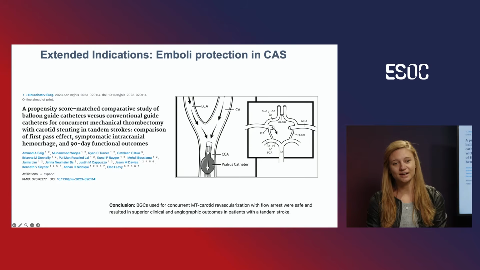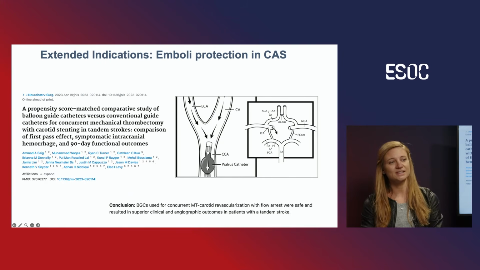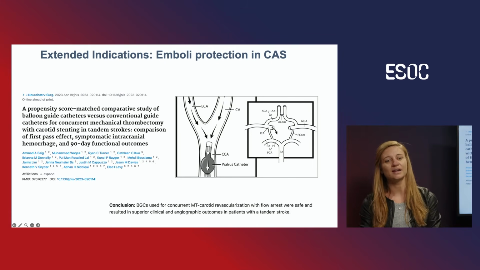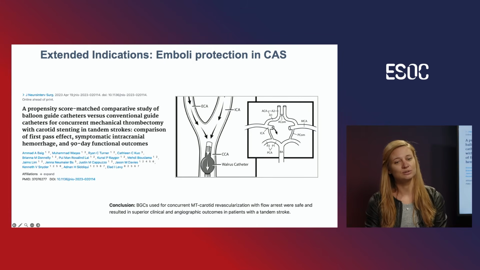So maybe another scenario, we also have evidence for using it in cases of tandem occlusions, where we have to stent the ICA. It's of course emboli protection, but the studies also show that we have a shorter procedure time, more success for recanalization, and a better outcome when using the balloon guiding catheter for tandem occlusions.